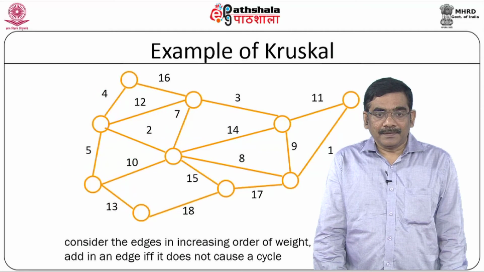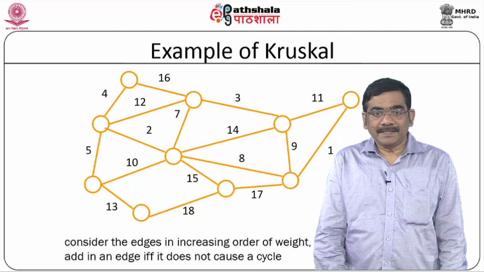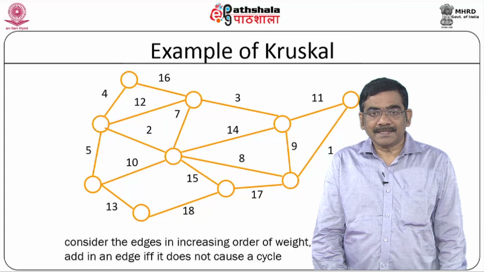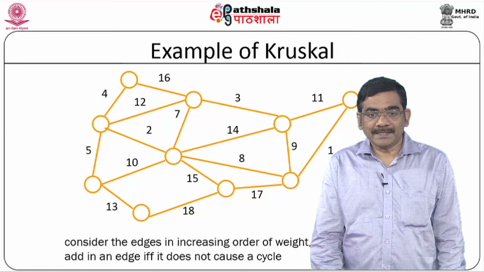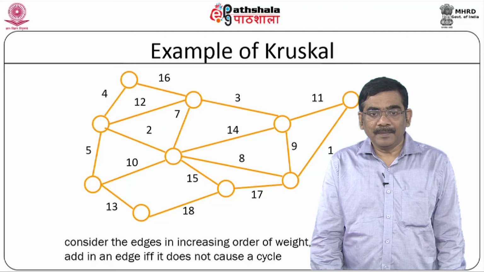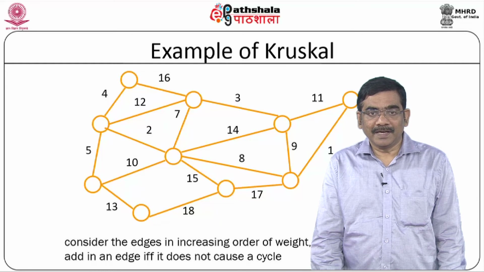This is an example. Let us see how Kruskal is applied here. Now you can see that this is an undirected graph, and the edges have weights. So, we have to sort. You can see that 1 is the minimum cost edge that is present, then we have 2, then 3, then 4, then 5.